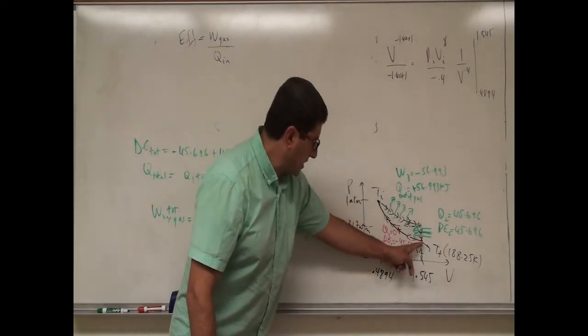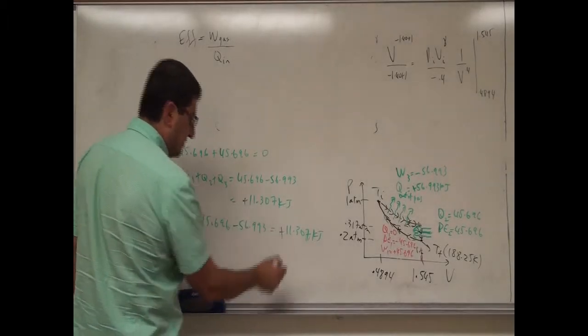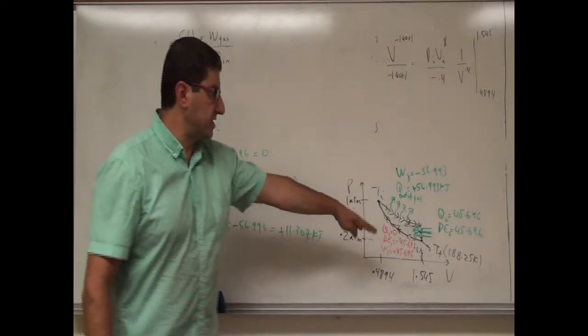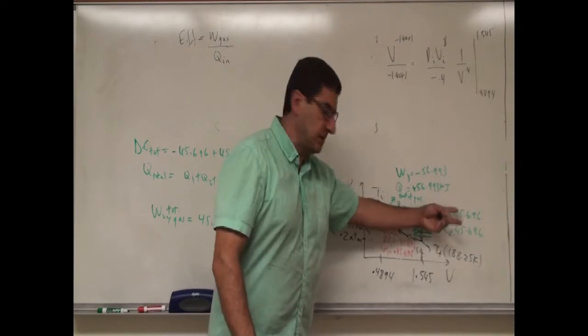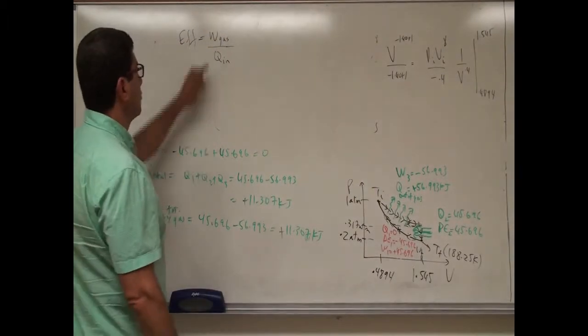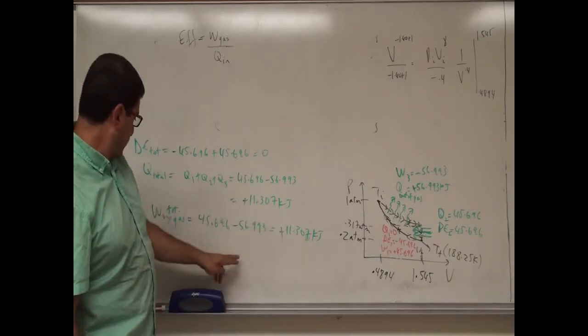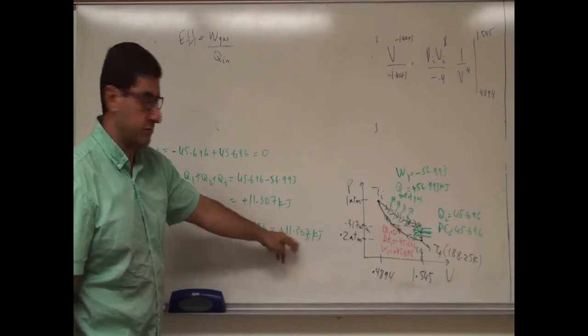This way, and this way. If we do that, everything just reverses direction. This becomes positive, this becomes positive, and every single positive that's here becomes negative, all right? But the zero stays 0, of course. So then the total work done by the gas will be positive 11.307, right?